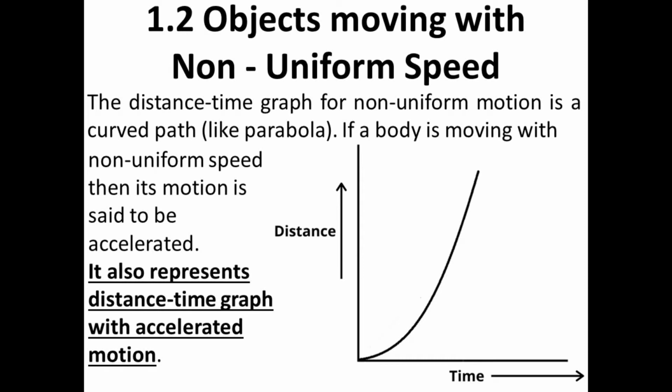That means the velocity of the object is continuously changing. It also represents the distance time graph with accelerated motion. Accelerated motion means जो velocity है object की वो continuously change हो रही है.